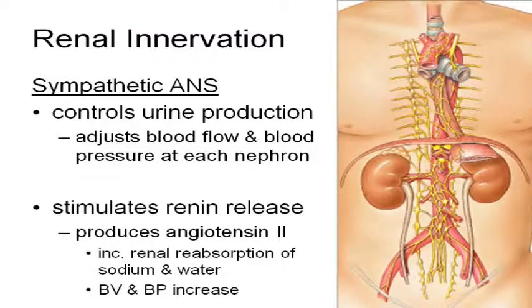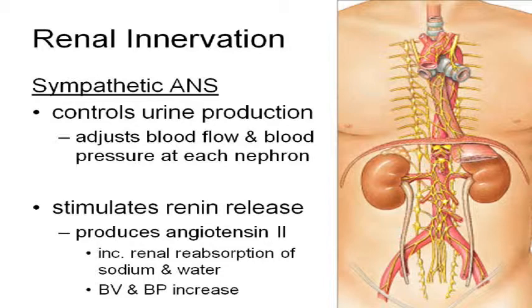Okay. Now, the sympathetic autonomic nervous system controls the production of urine because it's basically adjusting the flow of blood to the kidney. If your blood pressure drops, that's one of the things that the sympathetic autonomic nervous system can detect. It will stimulate renin.